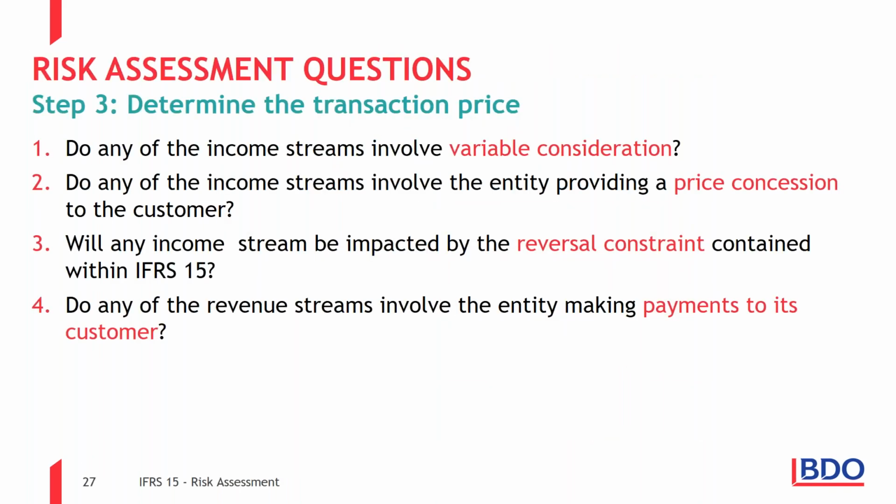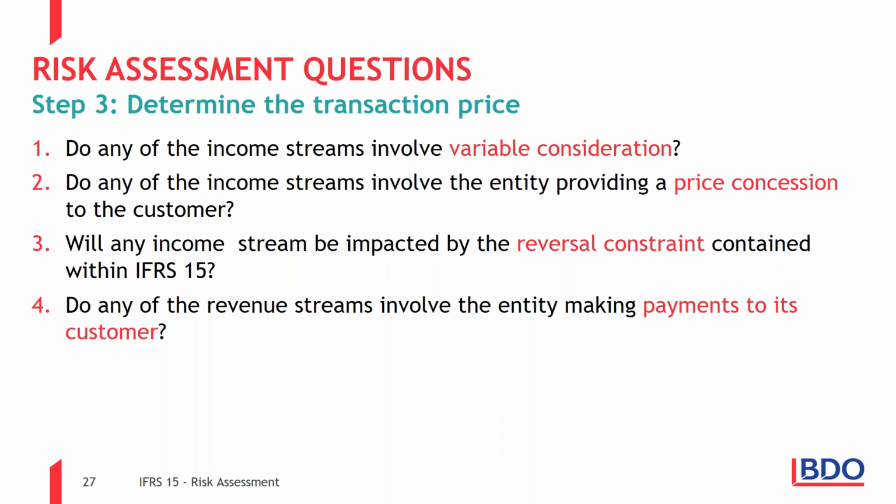So, questions around this for you to consider around step 3. The first one, do any of the income streams involve variable consideration? The second one, do any of the income streams involve the entity providing a price concession of any sort to the customer, because that's a variable consideration?